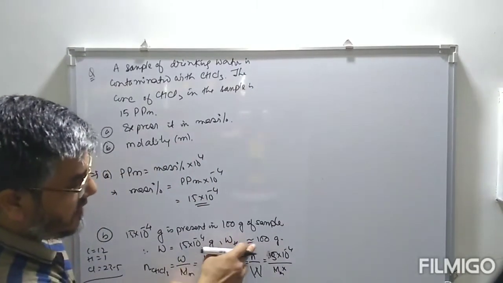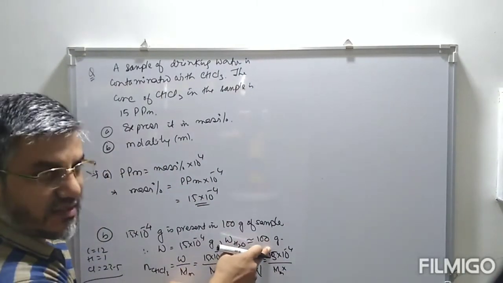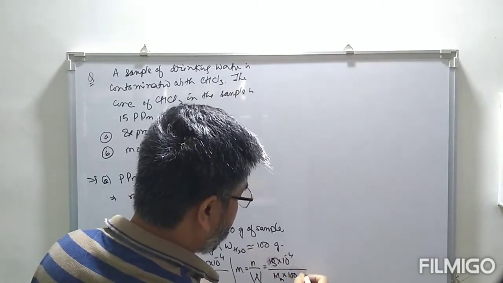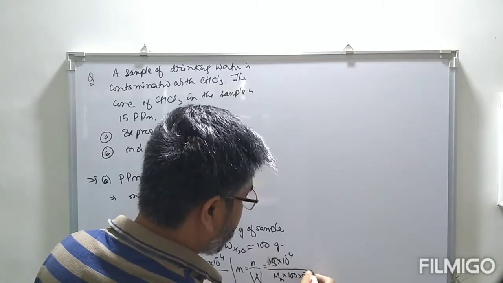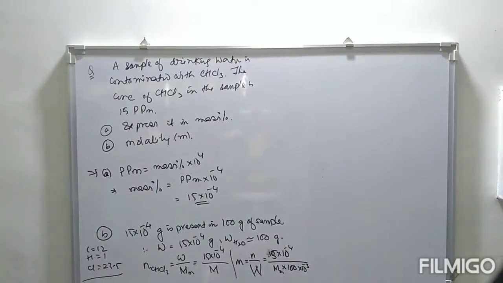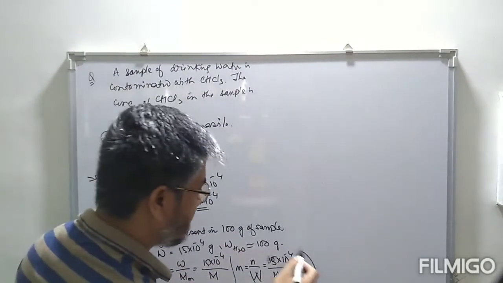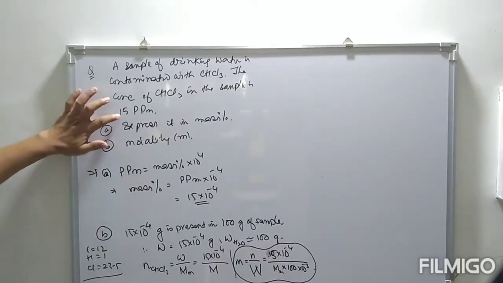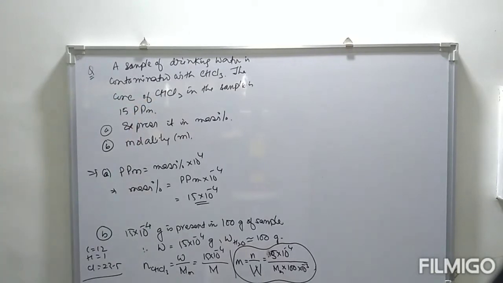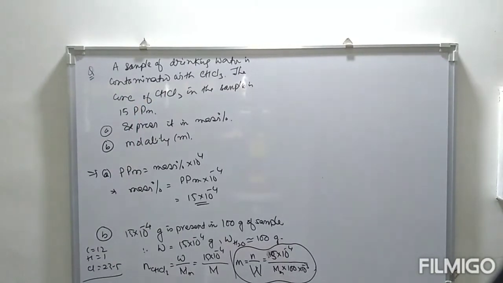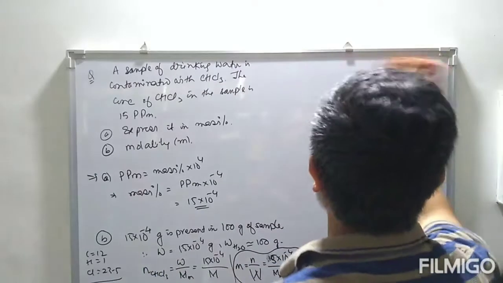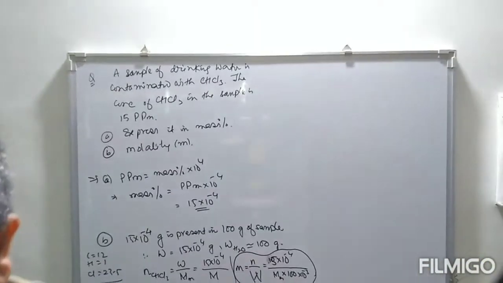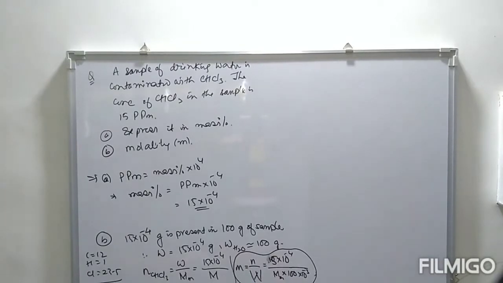The mass of solvent is 100, that means 100 into 10 to the power minus 3 kilogram. So this is the molality of the sample whose concentration is given as 15 parts per million. Now let's take some more examples here.